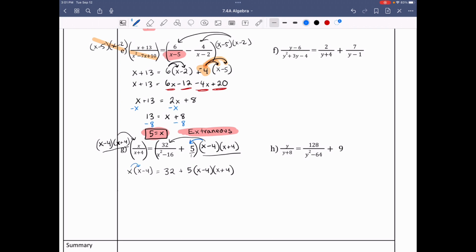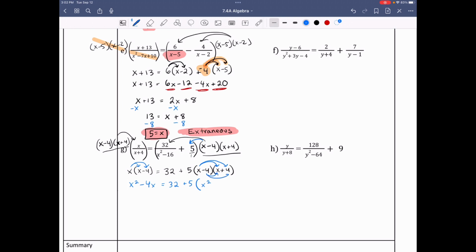When we distribute here, we get x squared and minus 4x, equals, nothing to do with 32. I'm going to save the 5 for a minute. So plus 5, and I'm going to distribute just this part. X squared... well, actually, this is a difference of squares, so I don't really have to, because that 4x cancels with this minus 4x.